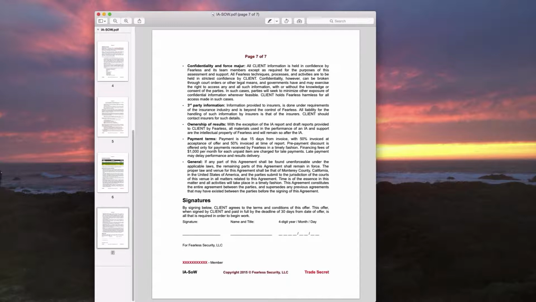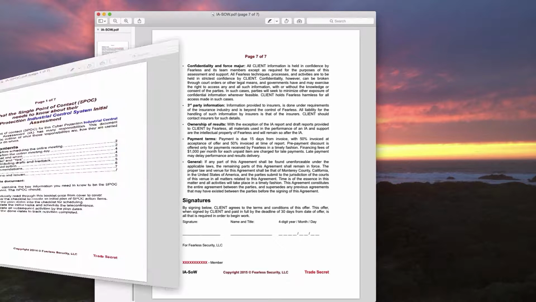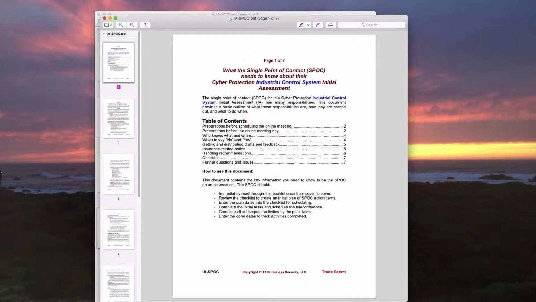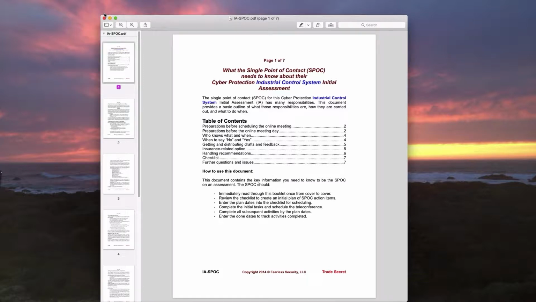Once you sign off on the statement of work, the next step is a SPOC document. That's a document for the single point of contact. So the studies that we do involve a single point of contact.